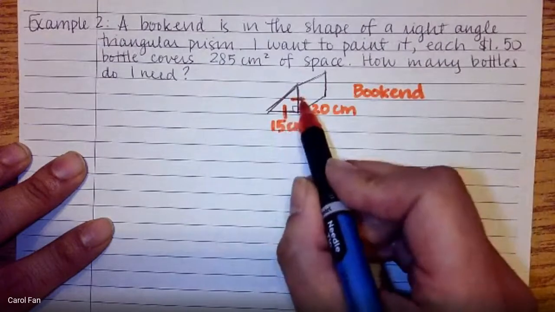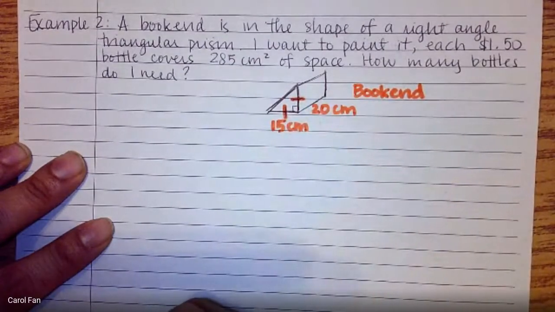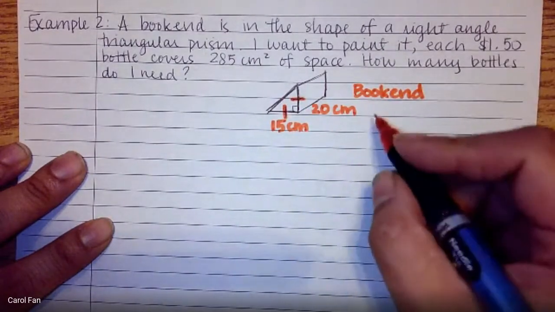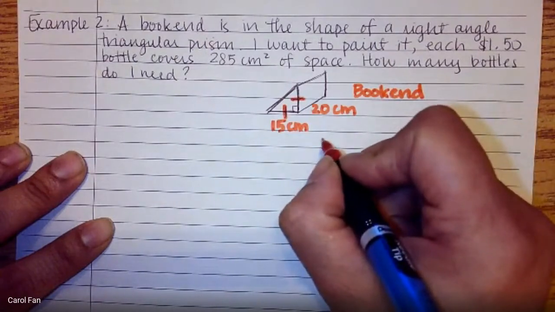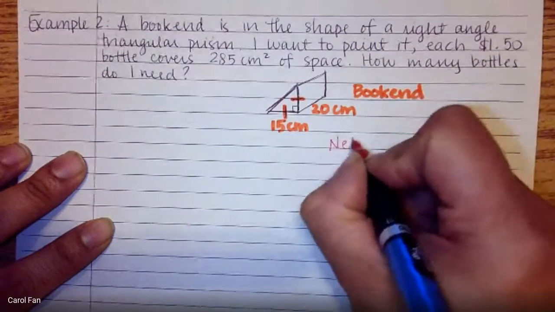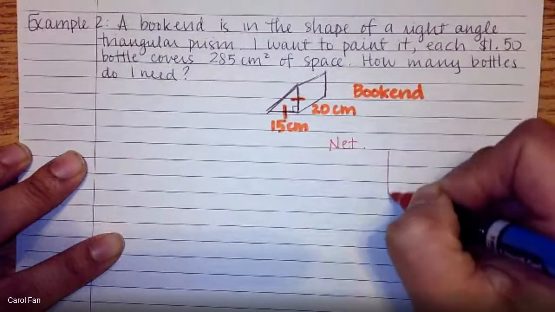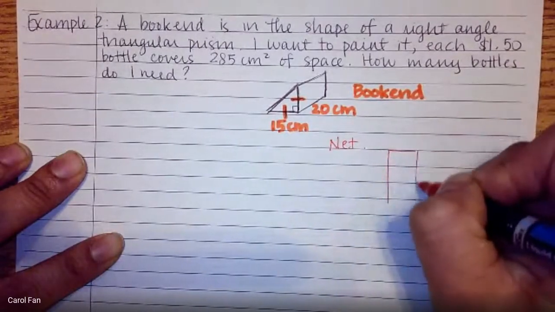Now it shows us that these two sides are the same. So if I were to create my net, it would have three pieces.